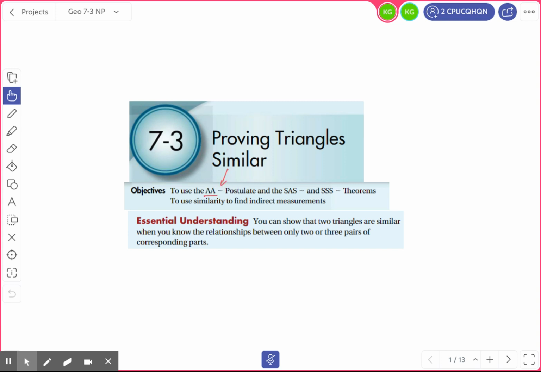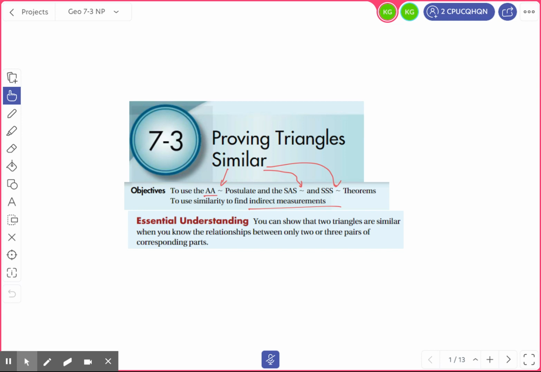So that means similar. So we're going to read it as similar or similarity. So we're going to use the angle similarity postulate and the side-angle-side and side-side-side similarity theorems. And we're going to use that to find indirect measurement.